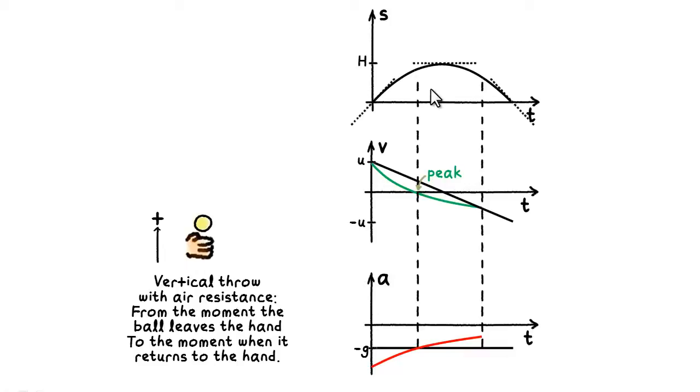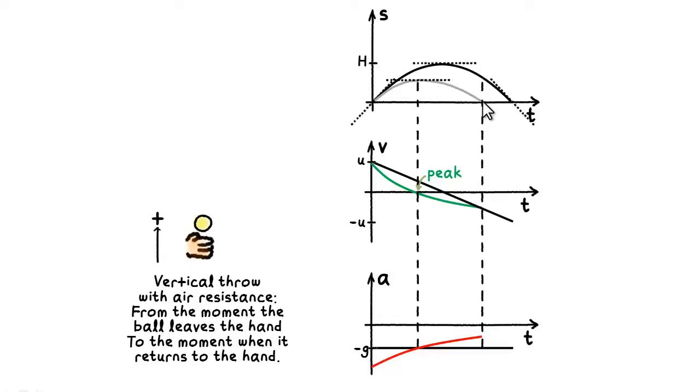Now let's look at the ST graph. The ST graph will look something like this. Again, the gradient of the ST graph is the velocity. So at the maximum height, you should draw the graph such that it has a zero gradient right at the top here. It should match this point here.